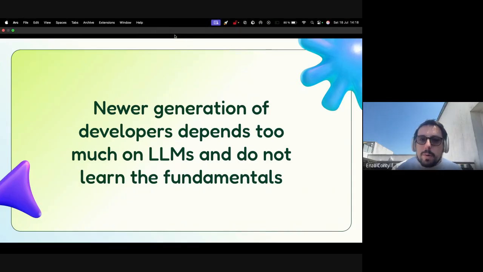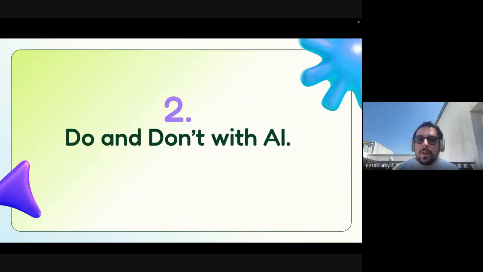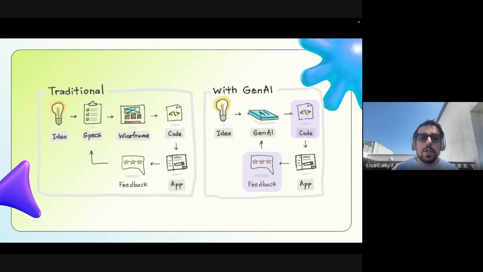So yeah, following on our presentation, I want to tell you what I recommend to do and not do with AI. For that, I will demonstrate by showing you these little images that describe the cycle of the development of an app, but it can be for any product, basically.